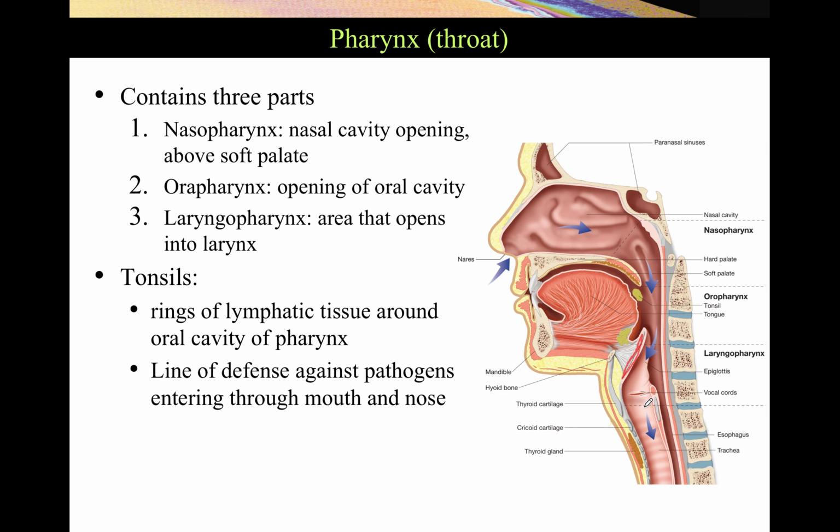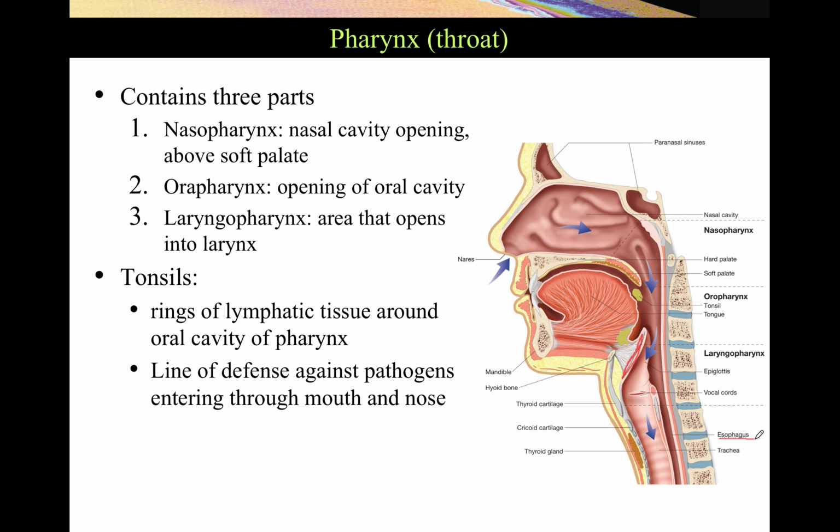The tube running in front, that is wide open, is your trachea. And you also see a tube running in the back, a smaller diameter, muscular tube, which is known as the esophagus.